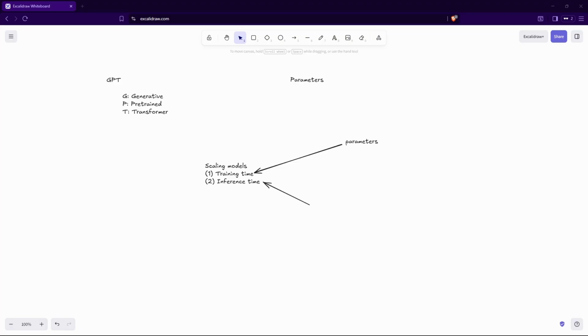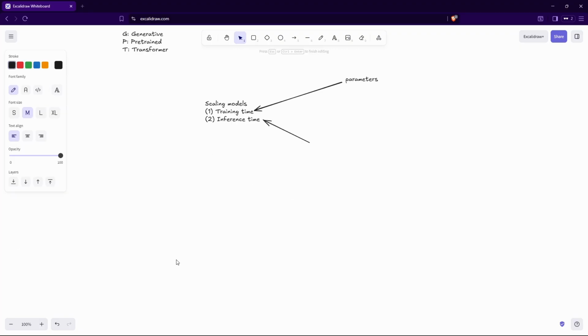Let's say I have hello world. Speaking about tokens, the first approach will take hello world and divide it into HELLO, then probably space, WORLD.